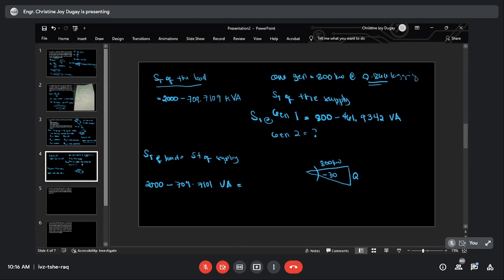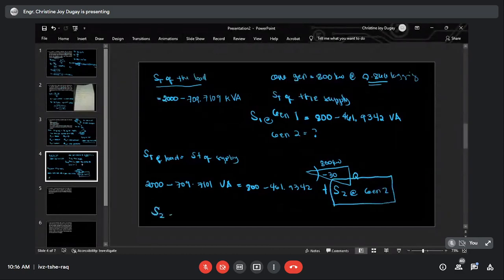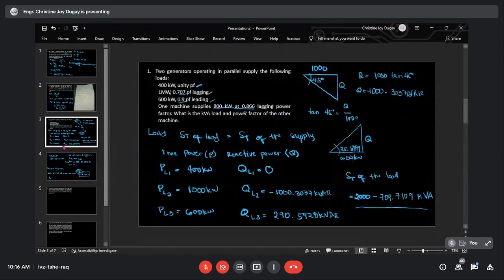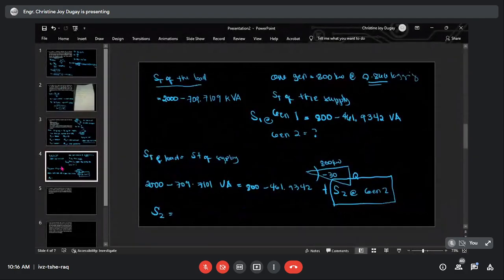That should equal S1 at generator 1, which is 800 less j461.9342, plus S2 at generator 2. So what should be the value of our S2? From there you can also get the power factor, since we have the kVA of the load and the power factor. So that we can find the power factor, what is the value of S2?